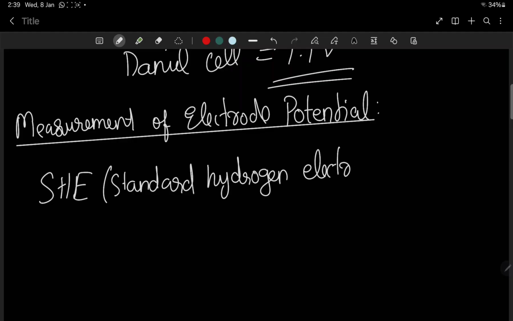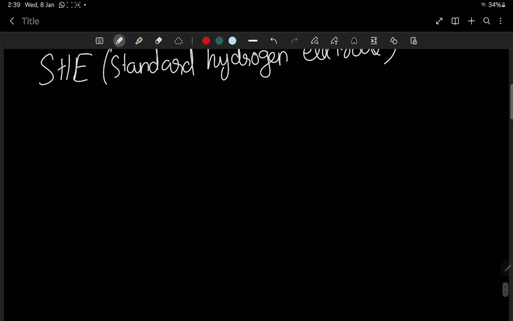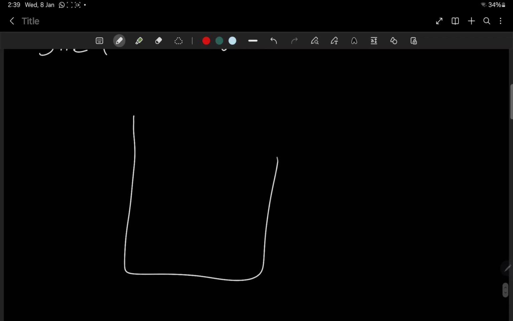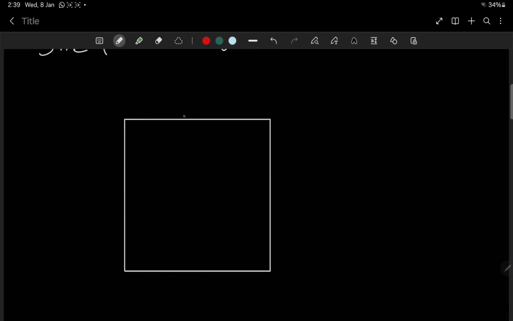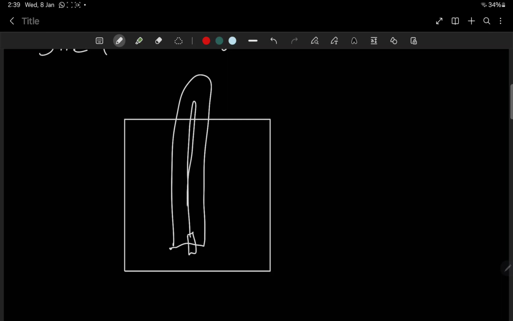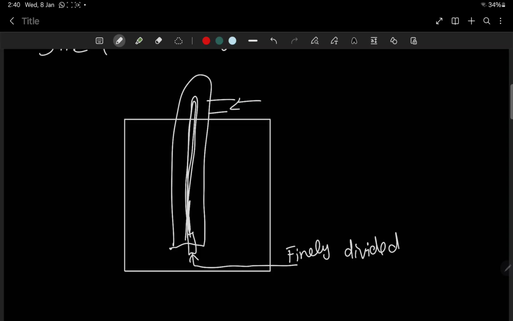What is the standard hydrogen electrode? It is a special electrode that is made like this. The structure of the standard hydrogen electrode is: take a tumbler and there is something like this, and there is a gas pump, finely divided platinum, a structure like this, and we have a provision to pump H2 gas.